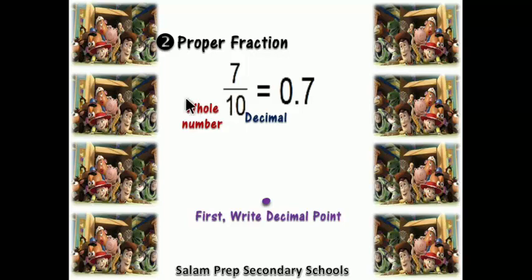It's okay. To write proper fractions as decimals, first, write the decimal point like this.